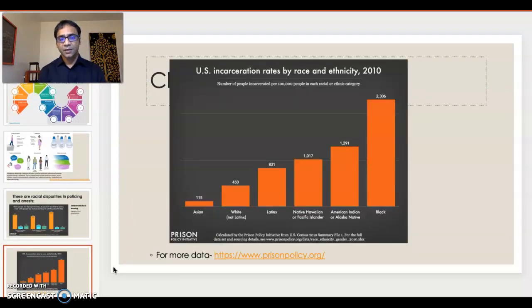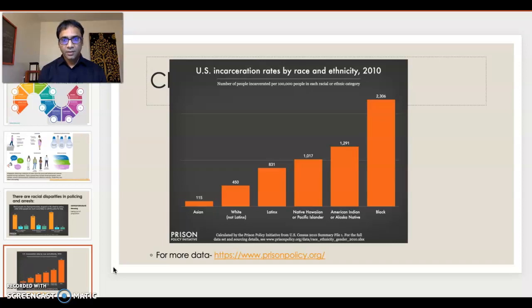And then in this other graph, you can see the incarceration rate by race and ethnicity for every 100,000 people. You can see Black people represent a really high side, 2,306 per 100,000 people incarcerated.